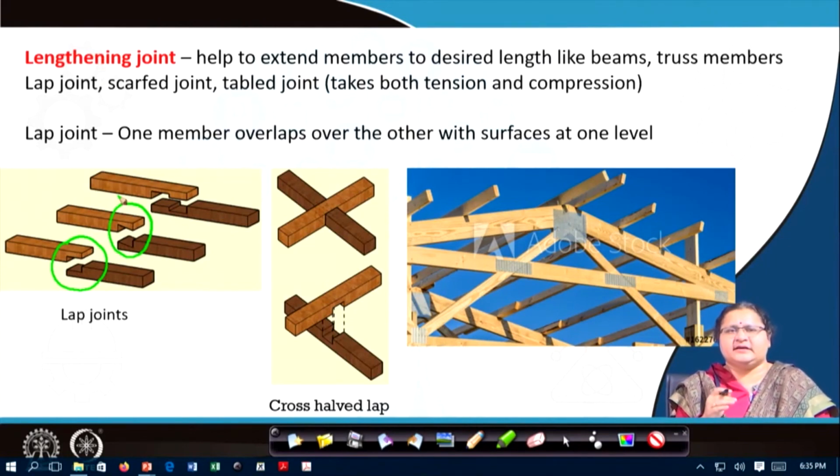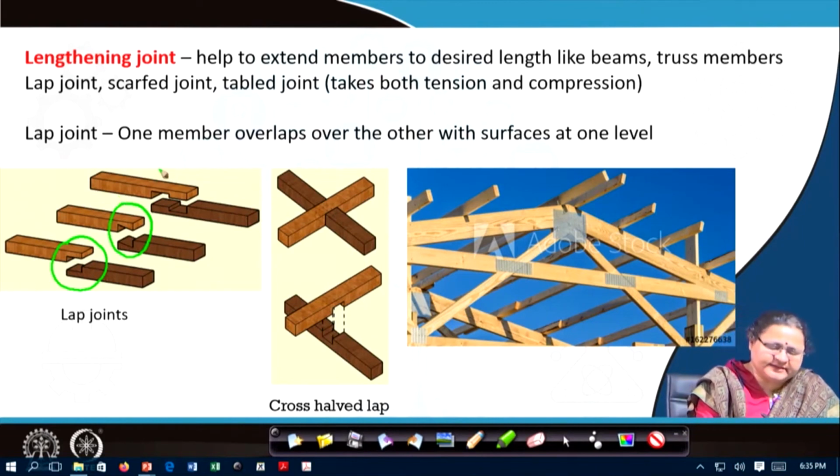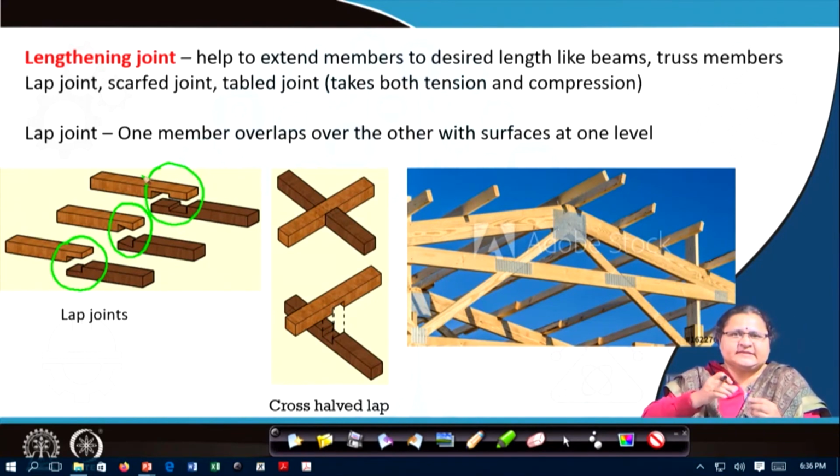So a little more slanting. So here the grip is further better, but even they can move apart. Look at the third one, which is the tabled joint, where you see they can displace in this direction, they can move out, but they are sitting holding each other.